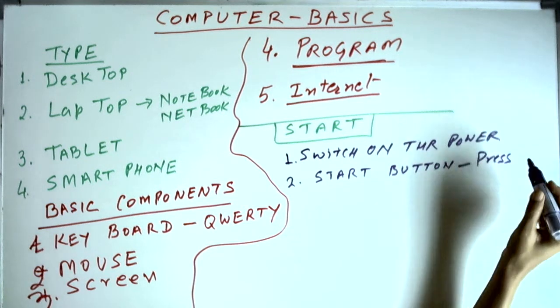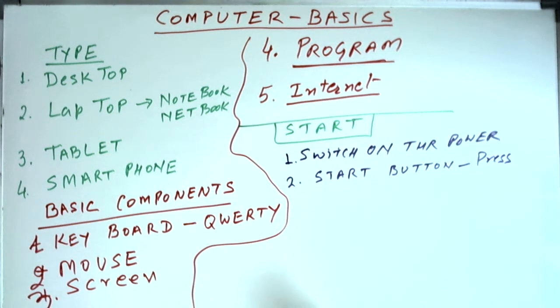You need to press it and keep it pressed for a while, like a second. Sometimes one gentle press may not work, because it is designed in such a manner that if it gets pressed by some other method, the computer should not start. So you need to press properly.